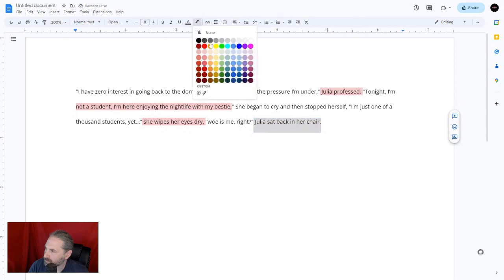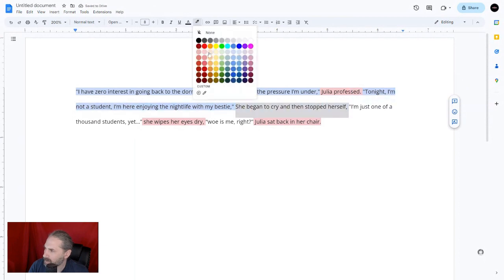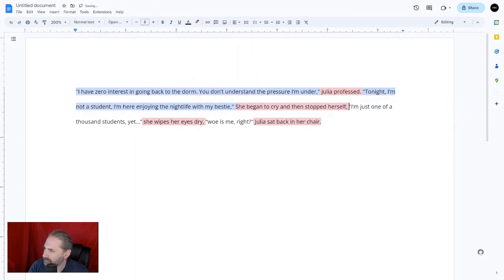Okay, and then if we want, we could do this with the dialogue. Look at the dialogue. Oh wait, this is actually light blue. All right. So what I'm doing here is I'm letting you see the visuals of each thing.